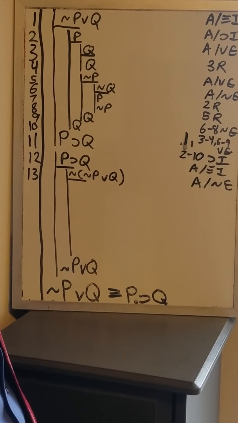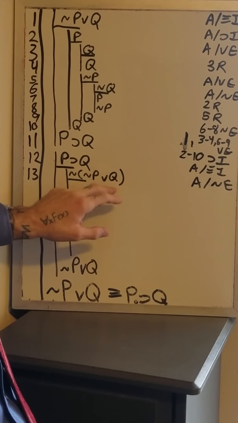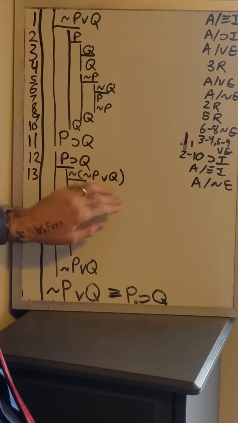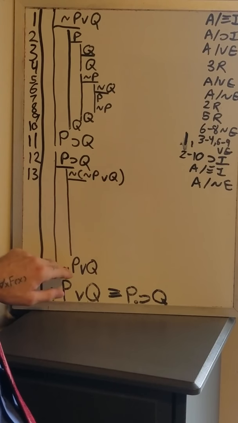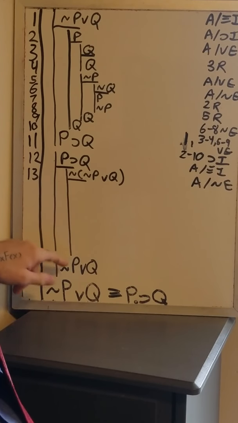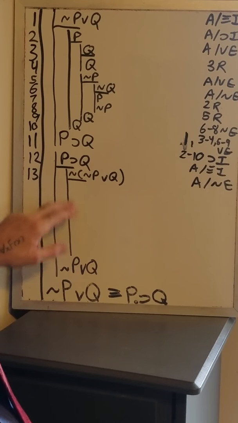So what can we do now in order to get a contradiction? Well, one thing that we can do is to try to get either not P or Q. If we can get P or Q, then we can just use disjunction introduction to get this, and then we have a contradiction, and we can close this out and use negation elimination.